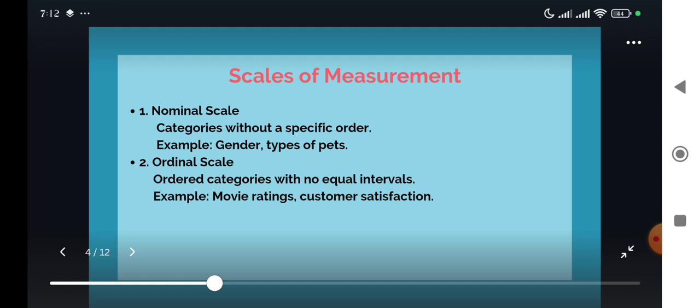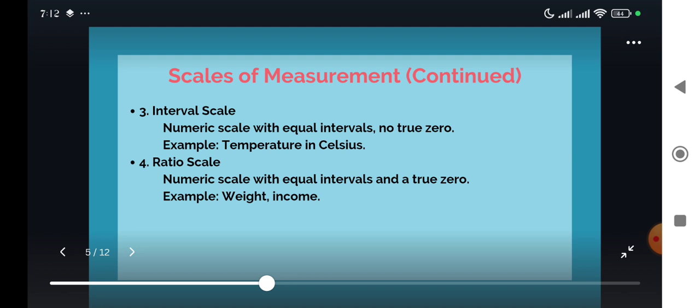Here is a quick comparison between all these scales. The nominal scale categorizes data without any order. Ordinal scale adds order to the categories, interval scale adds equal intervals but no true zero, and ratio scale adds a true zero to equal intervals.